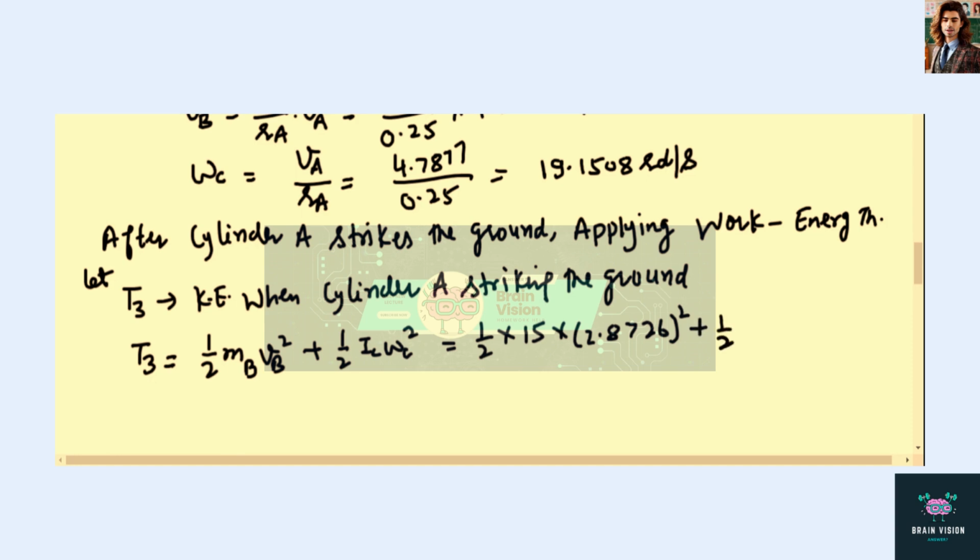Moment of inertia of the pulley 0.384, and angular velocity is 19.1508. So on solving it, when the cylinder strikes the ground, the kinetic energy of the system is 132.305 joule.